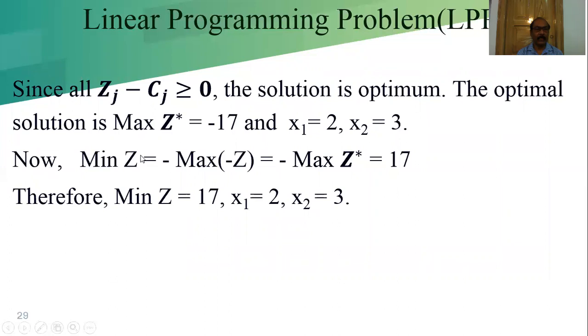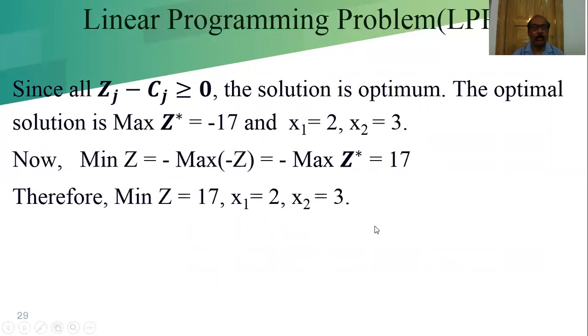Now min z equal to minus of max of minus z, equal to minus of max z star, equal to 17. So our optimum value of min z is equal to 17 and optimum solution is x1 equal to 2 and x2 is equal to 3.